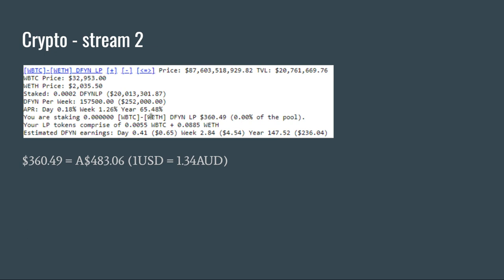You're meant to get 65% back, which is very high compared to anything you can get in the bank, but we'll see if that really holds true over the course of this year. Anyway, the amount that I have in stream 2 is $483.06 using today's exchange rate.